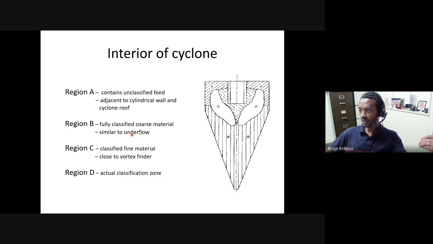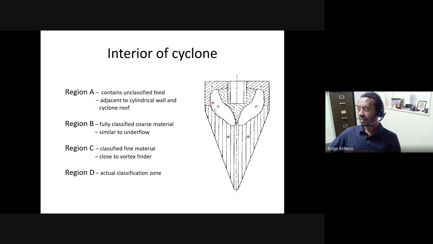So region B here is coarse material that has been classified. In the same way, we have the fine materials which have been dragged to the center of the cyclone, now exiting through the overflow, and therefore region C here is fine material that has been classified.